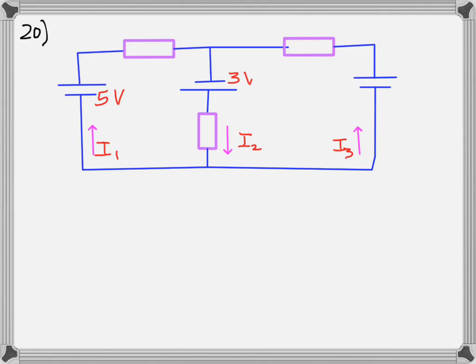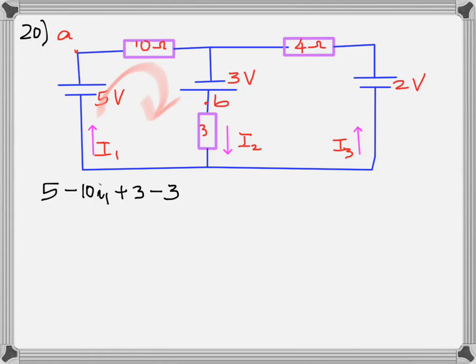That's 5 volt. 3, 2, 10, 4, okay. You're asked to find the potential difference between that. First, I tried to check whether the given currents are correct. You need not do that. I was just making sure. So, is that right? It gives you another chance to check whether you know how to apply Kirchhoff's second law. 5, negative 10 I1, positive 3, negative 3 I2 is equal to 0.